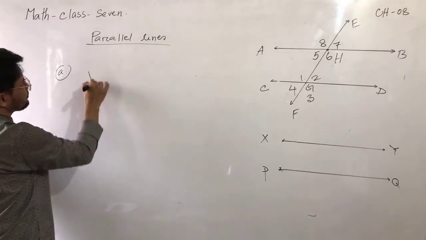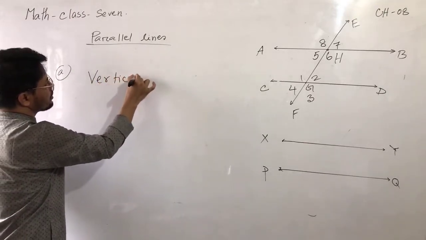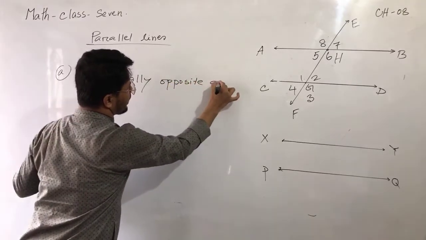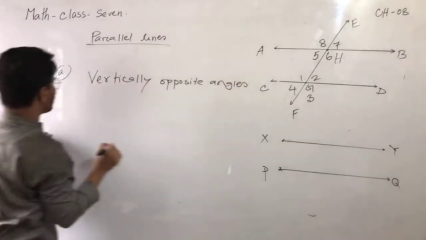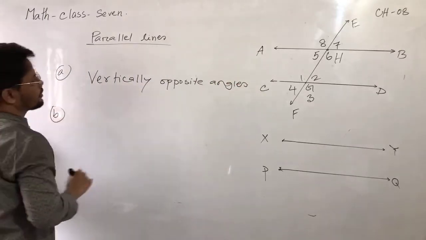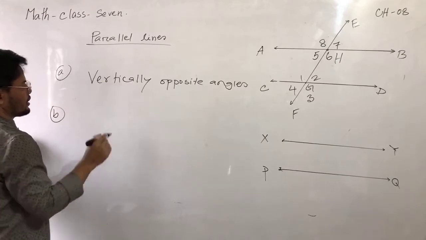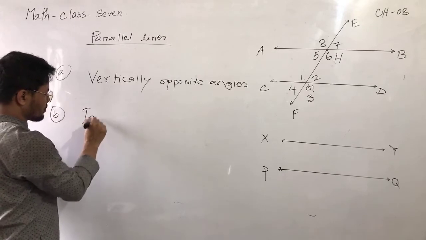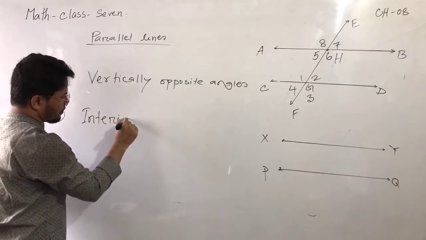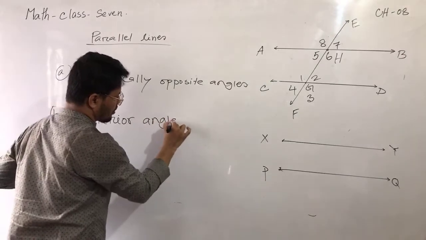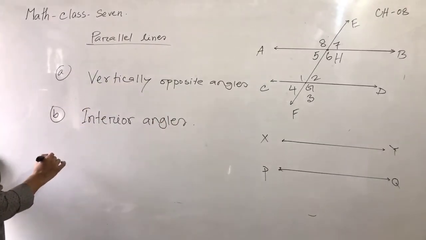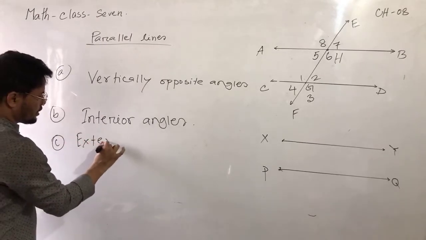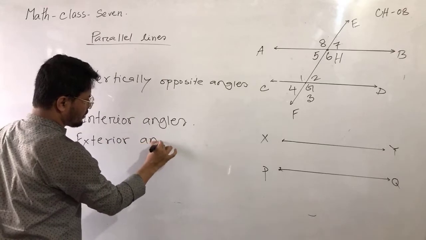This is the first one. Number A: vertically opposite angles. Number B: interior alternate angles. Number C: exterior angles.